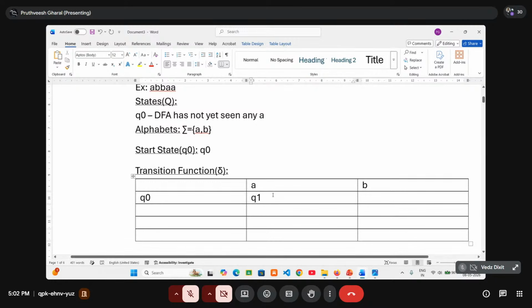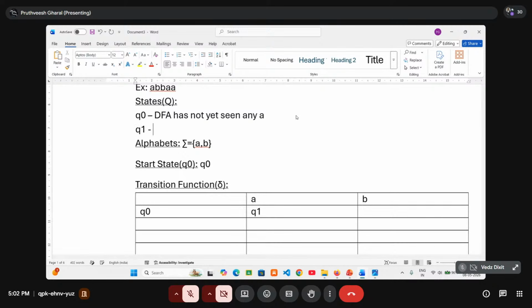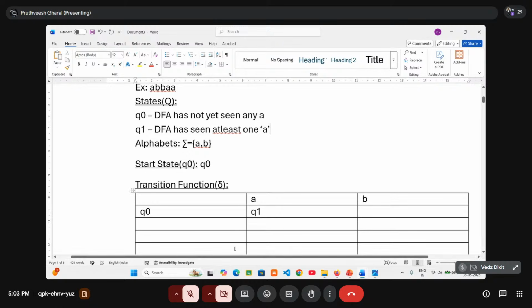And this Q1 state represents, for us, the fact that the DFA has seen at least one A. We for a fact know that the DFA does not know it, but we know that whenever the DFA is in the Q1 state, it has seen at least one A. Okay.